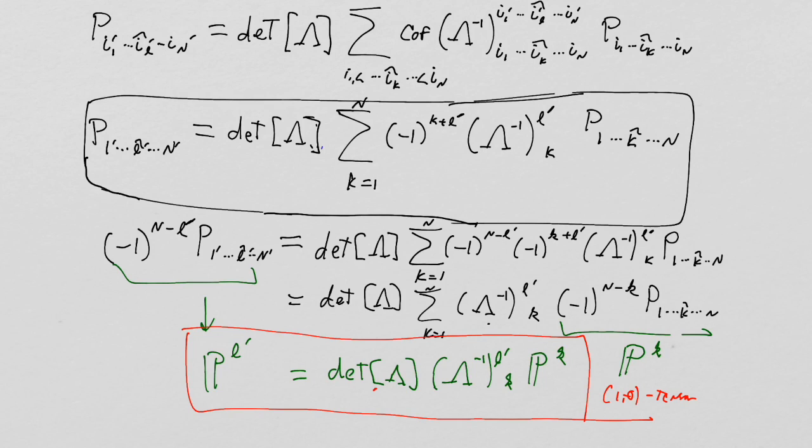And this rule is the rule of transformation of a 1, 0 tensor density. This is a different transformation rule. When you see the transformation rule of a 1, 0 tensor, but you've got this thing in there also, then we call it a 1, 0 tensor density.